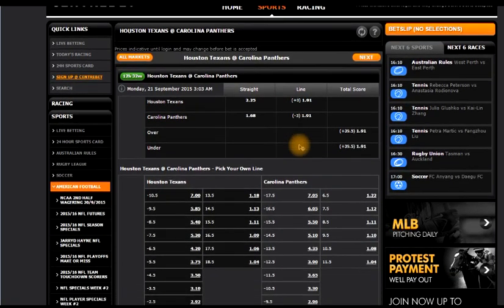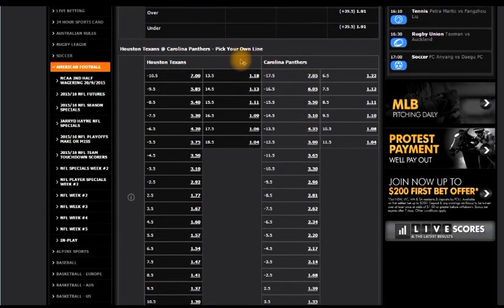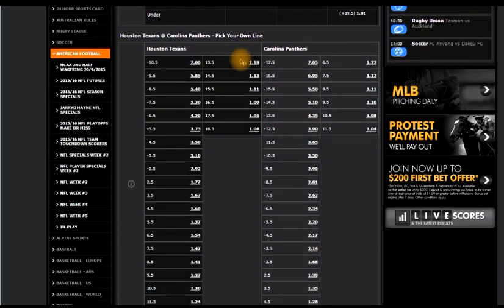Now they have a betting option which is called pick your own line. Basically they offer all different lines. You can flip them around, and at your bookmaker it might be called alternate spread. A lot of them you can just move the line and the odds change accordingly. So if we were to take Houston in this scenario and make them -2.5, you would get odds of $2.92.